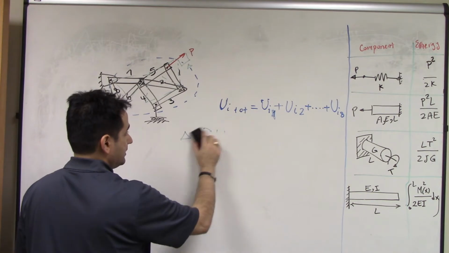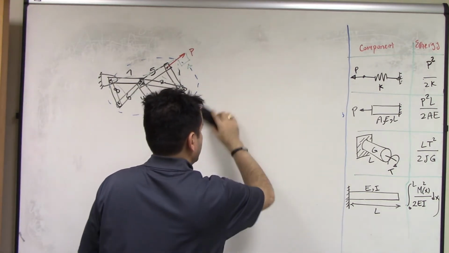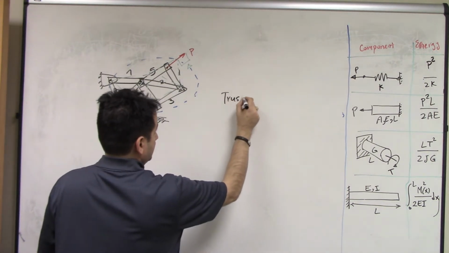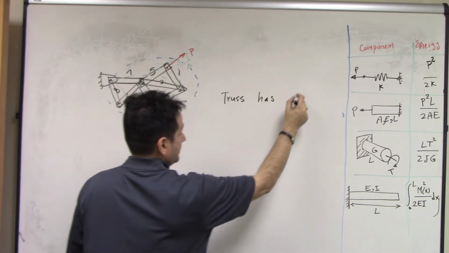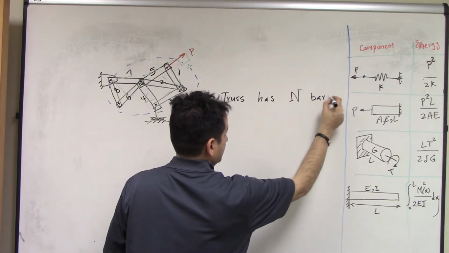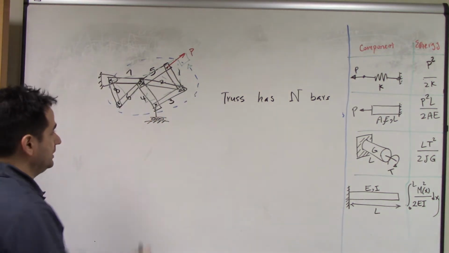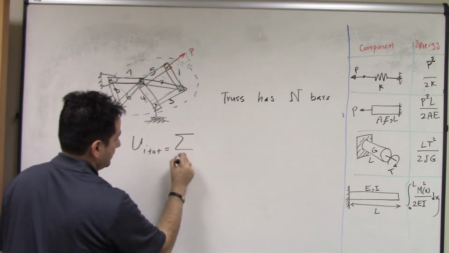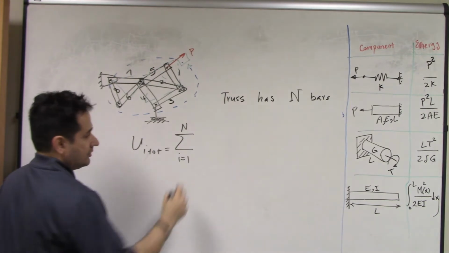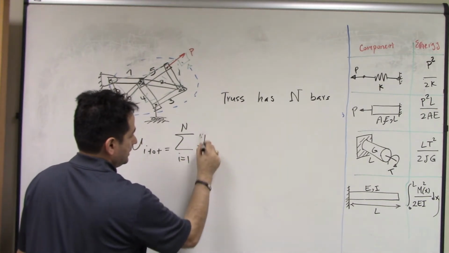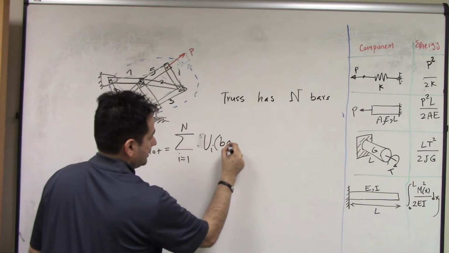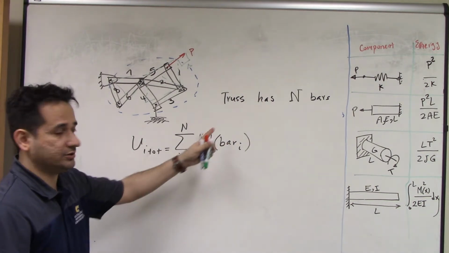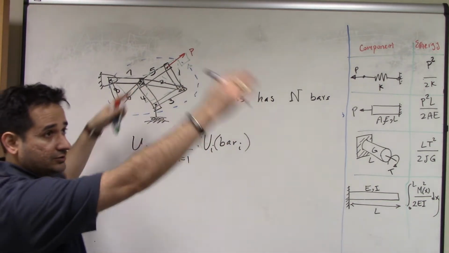So let's consider a truss that has an arbitrary number n of bar members. The total internal energy is the summation from 1 to n of the internal energy of bar i. So it's bar 1, bar 2, bar 3 to n for the total energy of the entire truss.